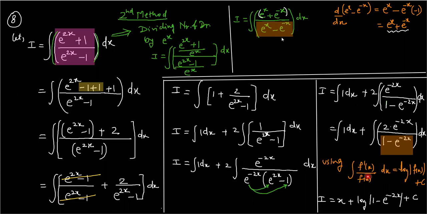The integral of f dash x upon f of x equals log of mod of f of x. So when you use that result, you will get I equals log of mod of e raised to x minus e raised to minus x plus c. Okay, this is the final answer.